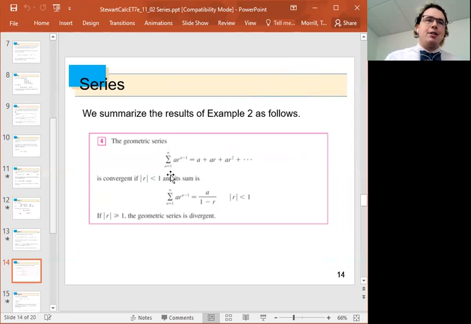So as long as your common ratio r has absolute value strictly less than 1, the series converges and we will get a, which is the first number in this sum, divided by 1 minus r. And then if the absolute value of the ratio is greater than or equal to 1, the series diverges.